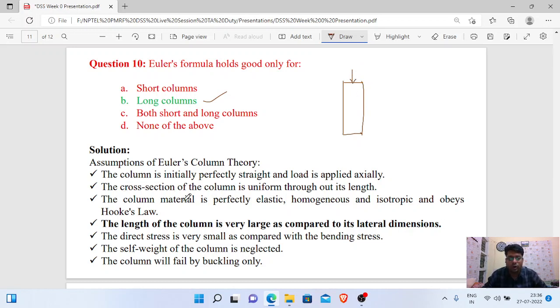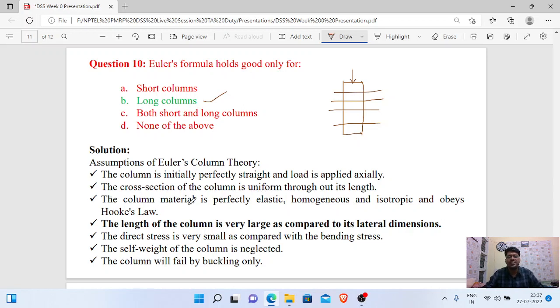Second, the cross section of the column is uniform throughout its length. Cross section is uniform means if you check the cross section here or here or at any point, its cross section area will be the same at every point.